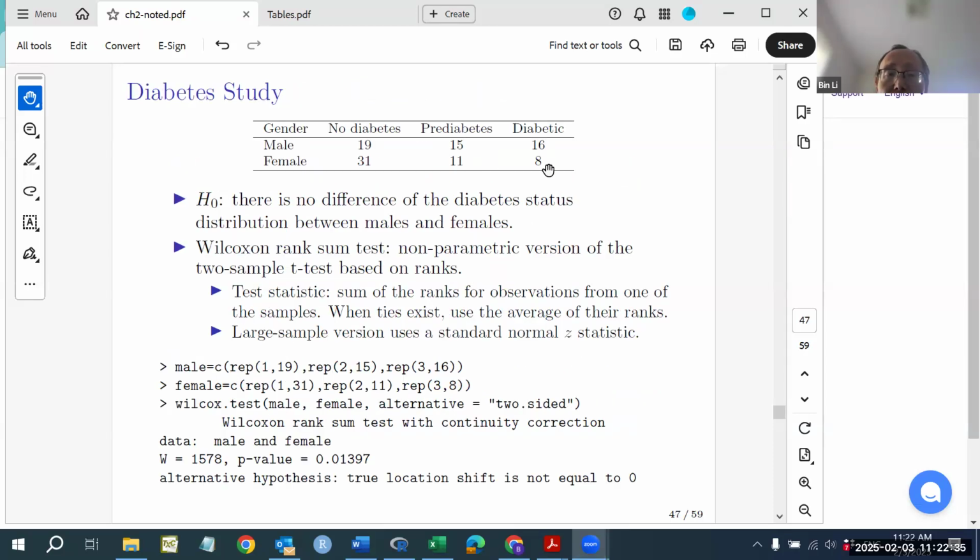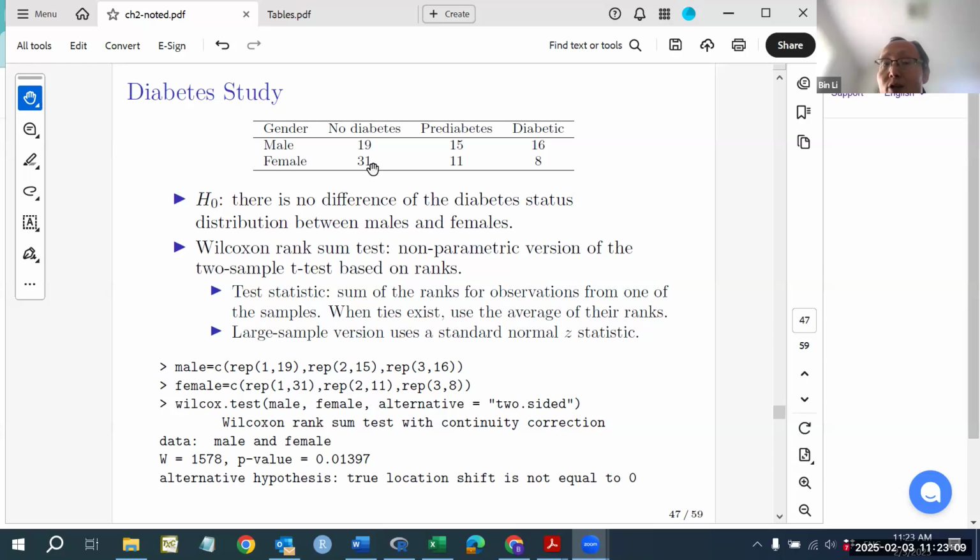Here, in this case, we use the Wilcoxon rank sum test, which is a non-parametric version of the two-sample t-test. Based on the name, you can see it's based on the rank. The test statistic is the sum of the ranks for the observations in one of the groups. So with two rows, the test statistic for the Wilcoxon rank sum test is just the rank sum for one of the rows, let's say the first row.